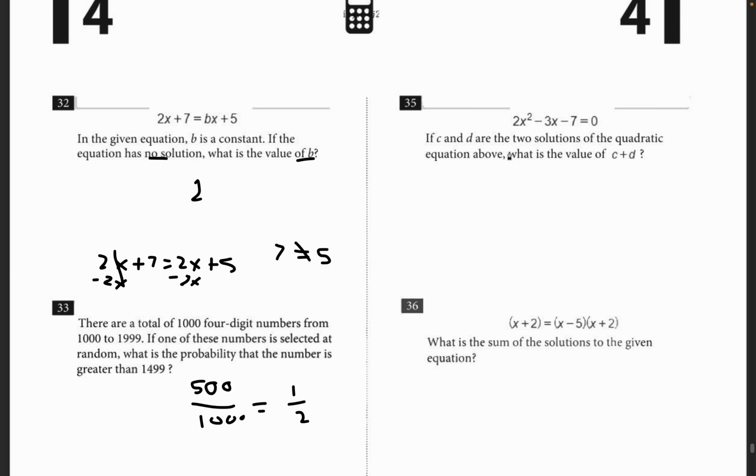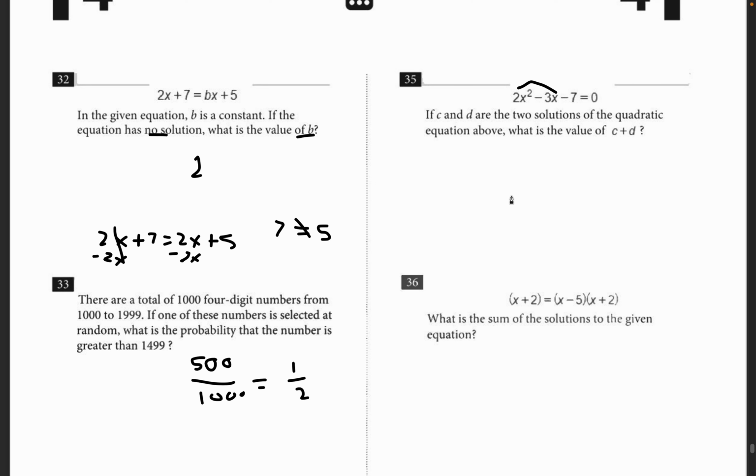If C and D are the two solutions of the quadratic equation above, what is the value of C plus D? Okay. Let's see if I could factor this. Or you could graph it. Maybe I'll graph it. X squared minus 3x minus 14, multiplies to negative 14 and adds to negative 3. Is that factorable?